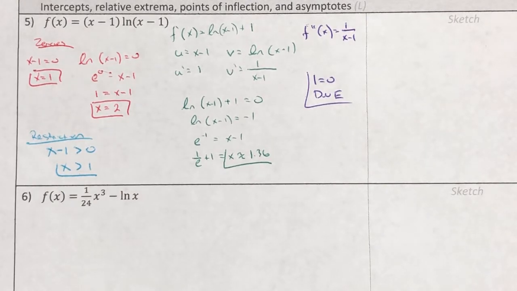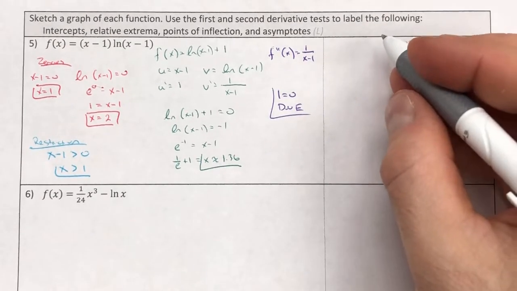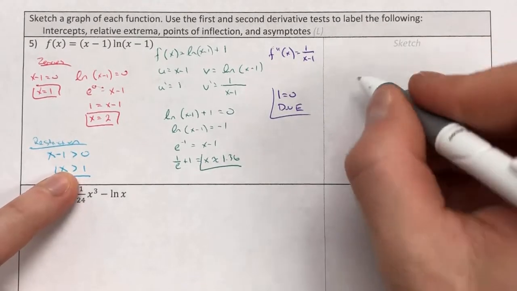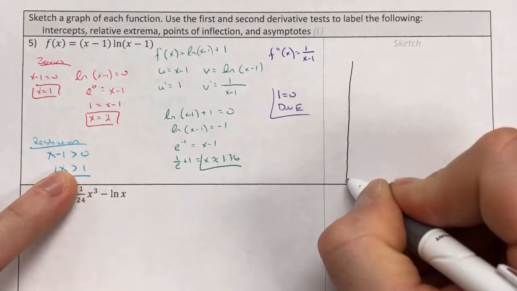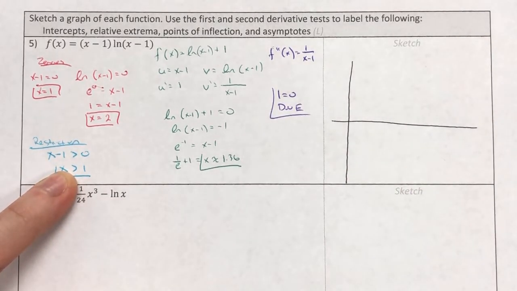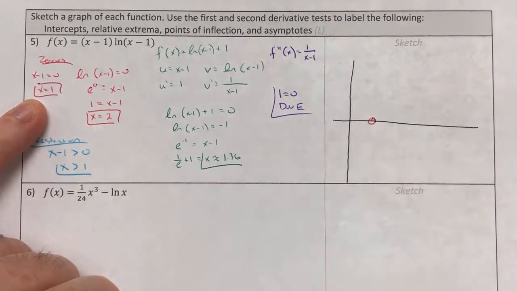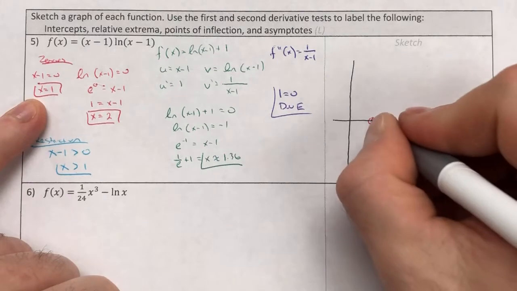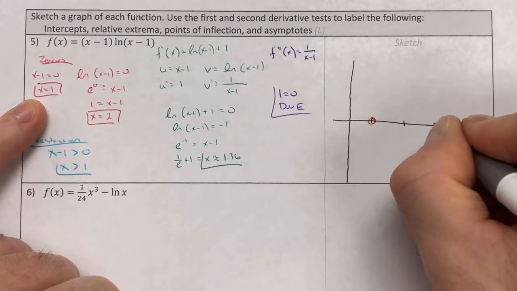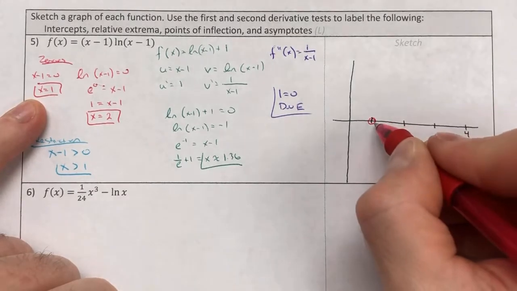So before we move any further, let's take a quick sketch at what's going on. If I know x has to be greater than 1, let's just go ahead and make this right heavy. And my first value at x equals 1, I'm going to go ahead and put an open circle at 1, 2, 3, 4, because I can't actually include that point.